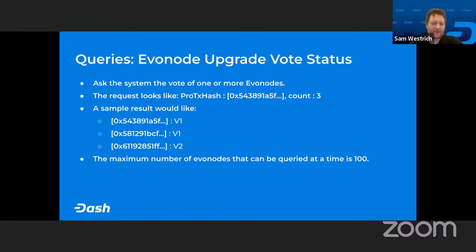And basically, we'll give you all the versions that anybody has voted for. You can only query 100 at a time. So if, let's say, there are 400 Evo nodes available, you can do 4 queries, and you get back all the different versions that everybody's voted for.